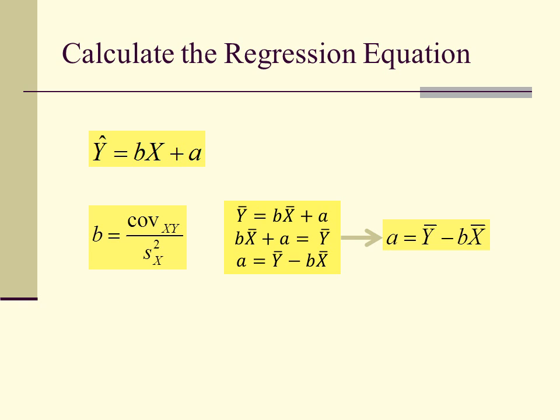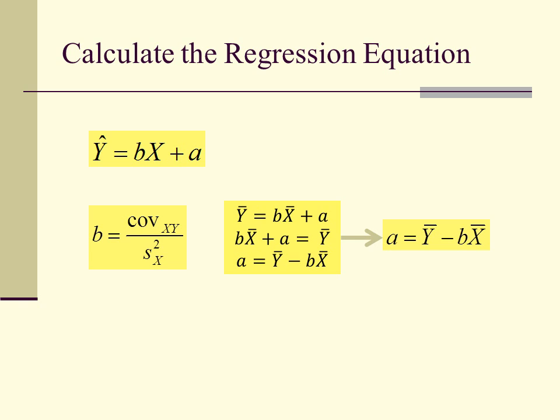Then for the intercept, we know that this regression line always crosses the point of y bar and x bar. If we know the mean of y and x, and if we know b, then we should be able to figure out a. So the procedure is: mean of y equals b multiplied by mean of x plus a.